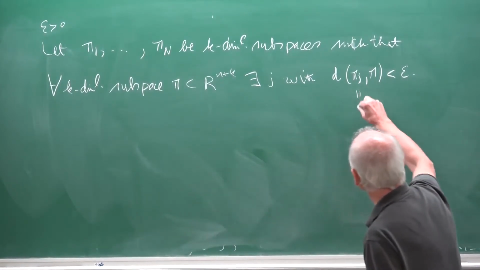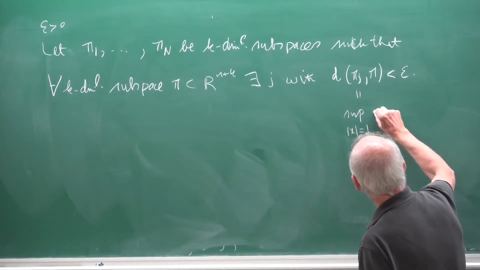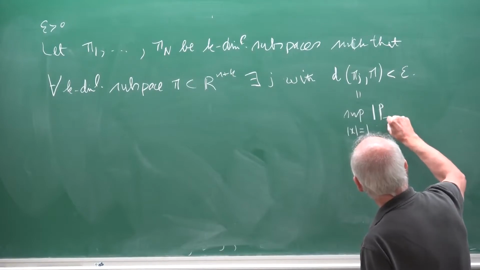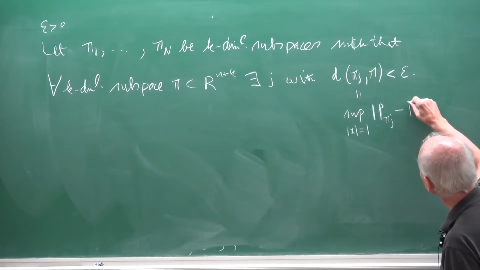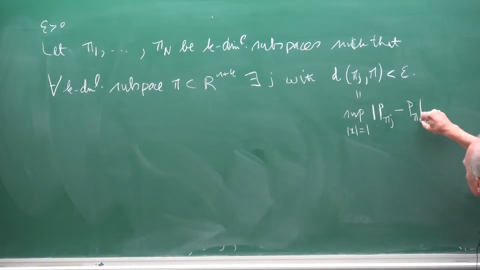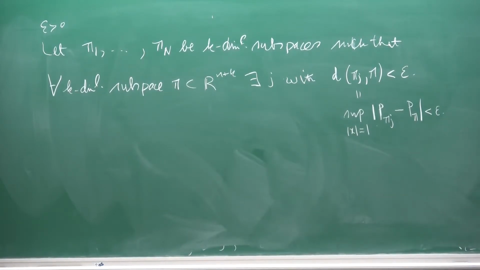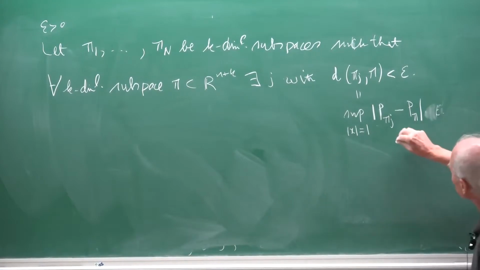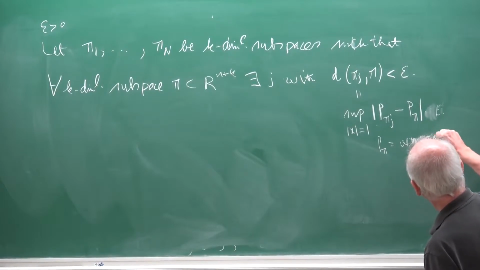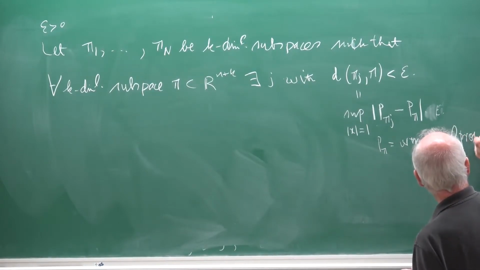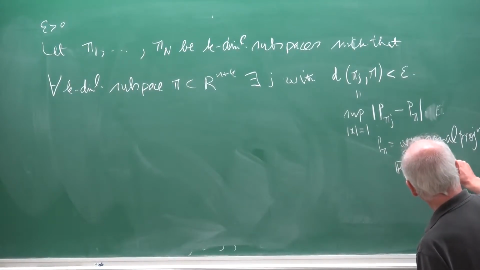And this distance here means sup over |x| equals 1 of the orthogonal projection onto pi, subtract off the orthogonal projection onto pi_j, and that's less than epsilon. So here P_pi equals orthogonal projection of R^(n+k) onto pi.